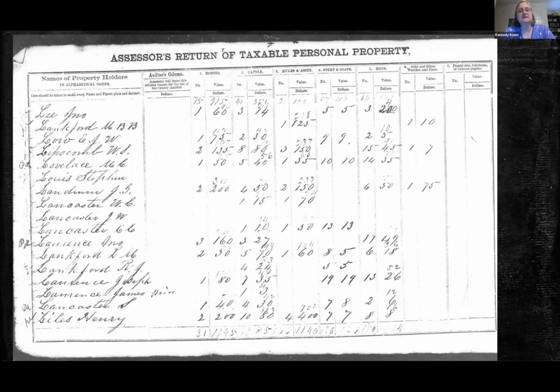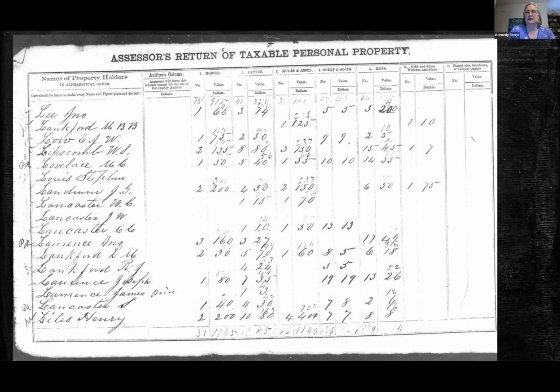Now, this is the L page. This is the next page. So it started with the Ks, continues with the L's. And you will notice that this is not an alphabetical order within the L's, because we've got Lee and then Lankford and Lowe and Lipscomb and Lovelace, but they're all L surnames. So just something to keep an eye on. And in a larger assessor's region, this is the 4th assessor's region in Spartanburg.